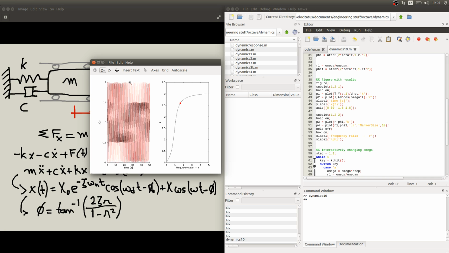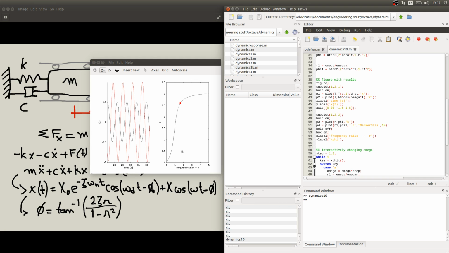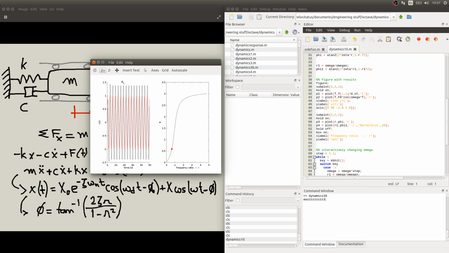So maybe if we have a better zoom in here, the peak in the displacement here is occurring almost exactly where the force is in a valley here, so in the minimum value of the force, as opposed to what happens in low frequencies where the peak in the displacement will be very close in time to the peak in the force, which you can show in here.